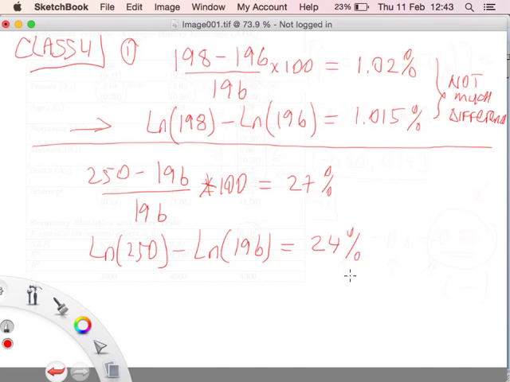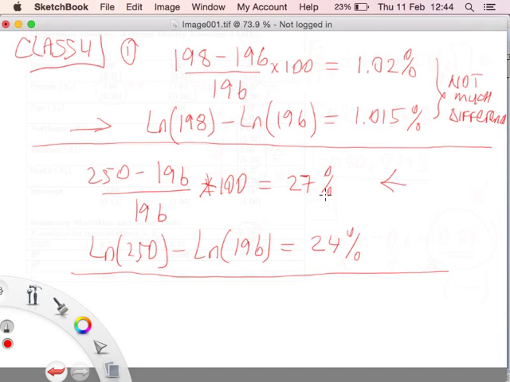You see, this is not the same. A bit close, isn't it? Here I would say more or less the same growth rates, but in this case, log approximation to growth is poor. So you should go back and use the usual.